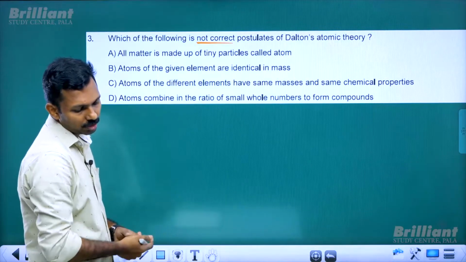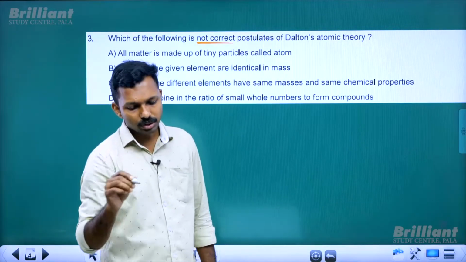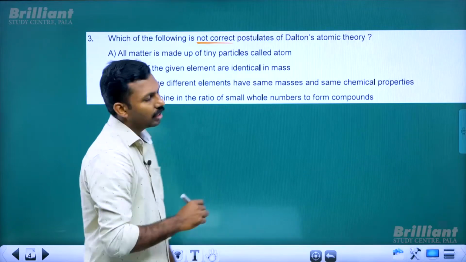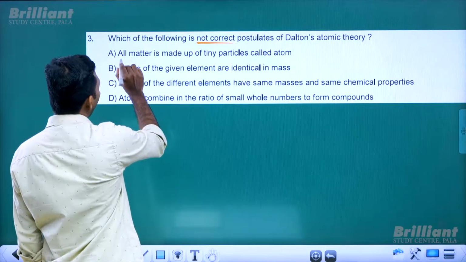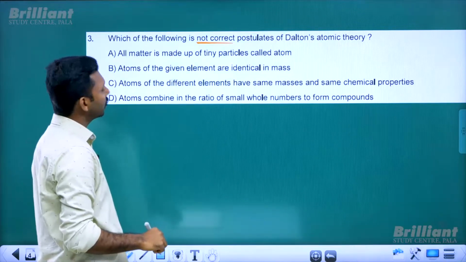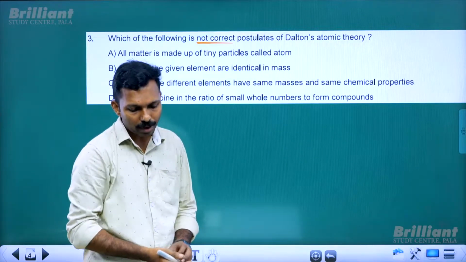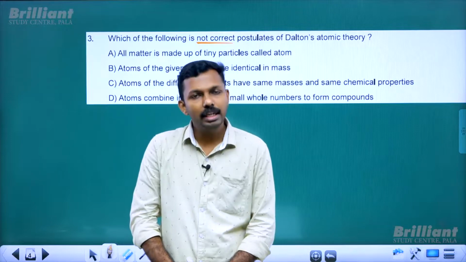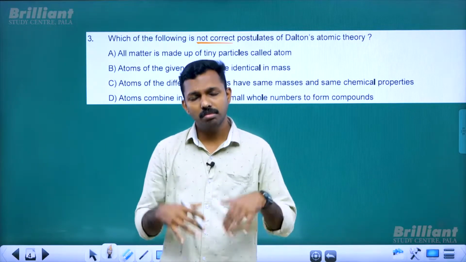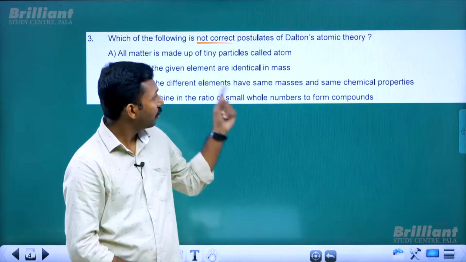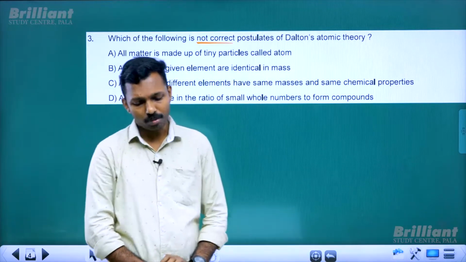Okay, first option is what? Sorry, the first option is: all matter is made up of tiny particles called atoms. Yes, it is a statement said by who? Our John Dalton in his atomic theory.